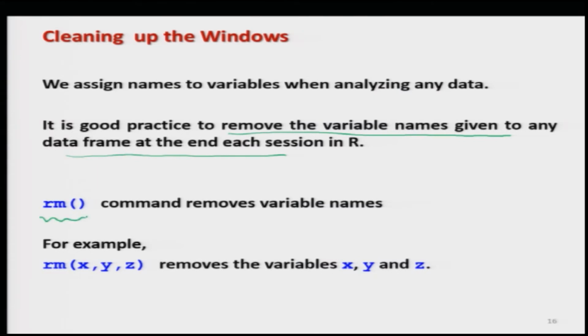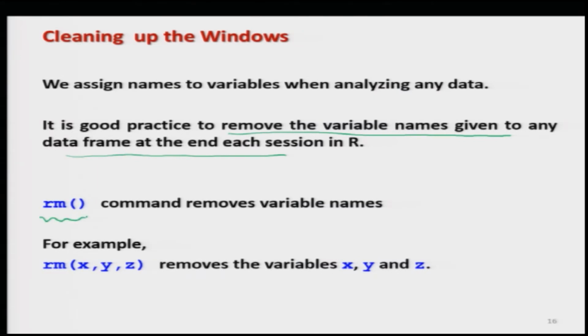So just to be on the safe side, it is always a better option to clear your library, clear your names, remove all the earlier defined names before you start a new analysis. This job can be done by the command rm, that is remove.